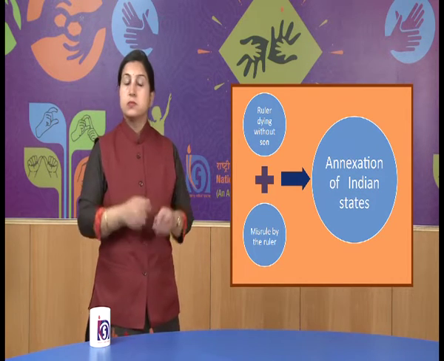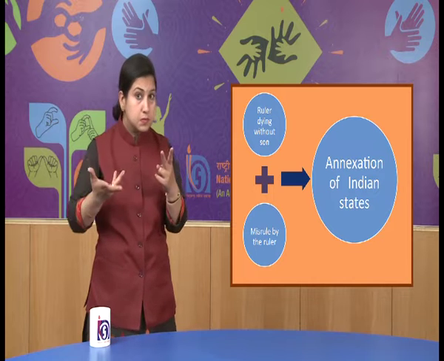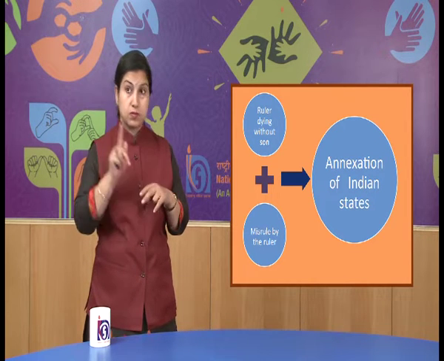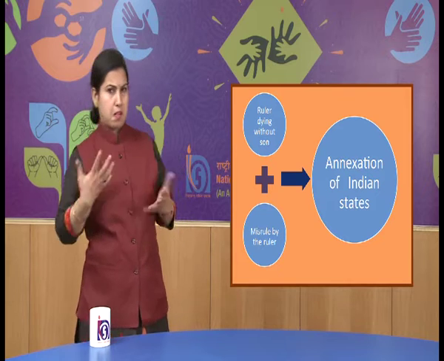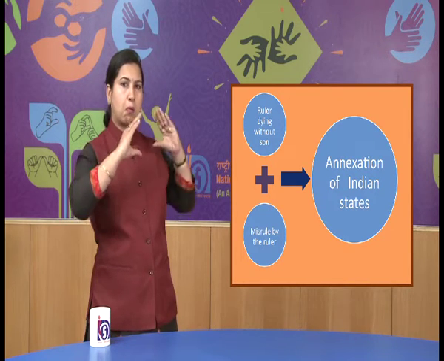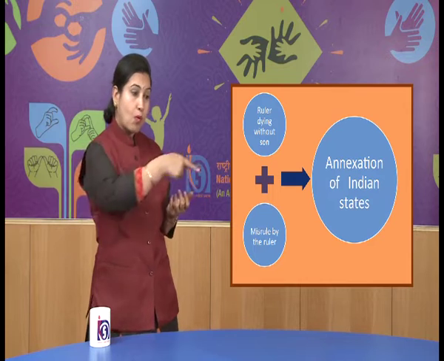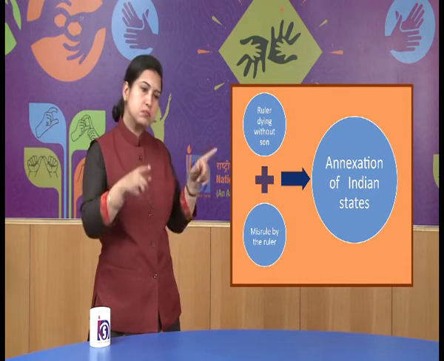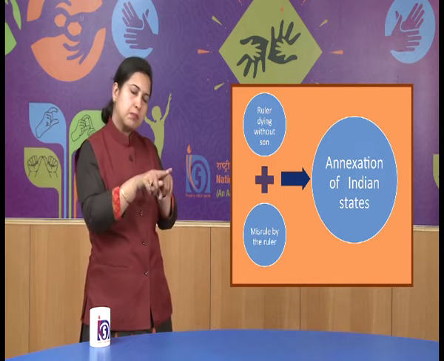The second condition is if the Britishers felt that the ruler of the state was incompetent, that means not able to rule properly, his state was also occupied by the British.